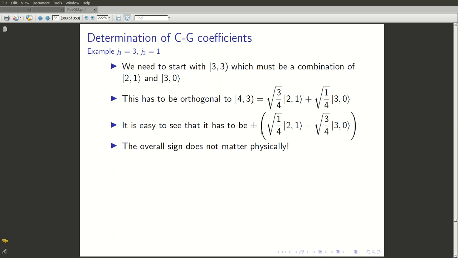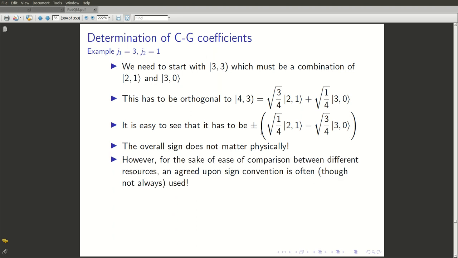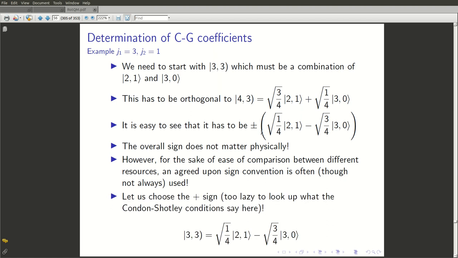So the one which most people use, I guess, is the Condon-Shortley convention. This sign convention which everybody agrees upon, hopefully, is the one which you should really be using if this were professional work. Right now we are not going to bother too much about that. We are just going to choose the plus sign here.